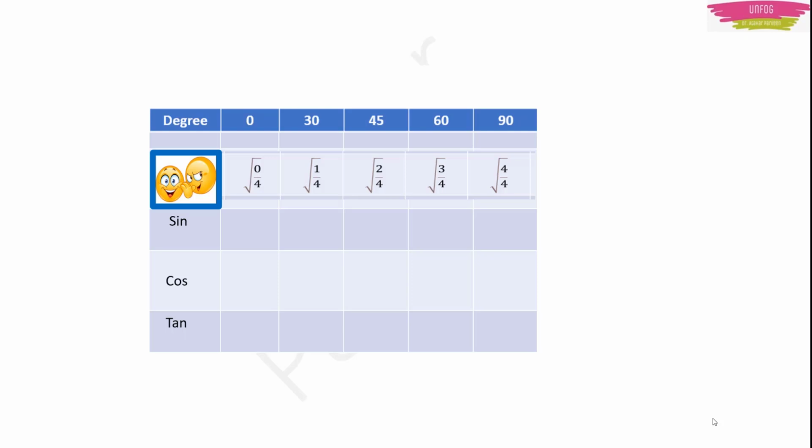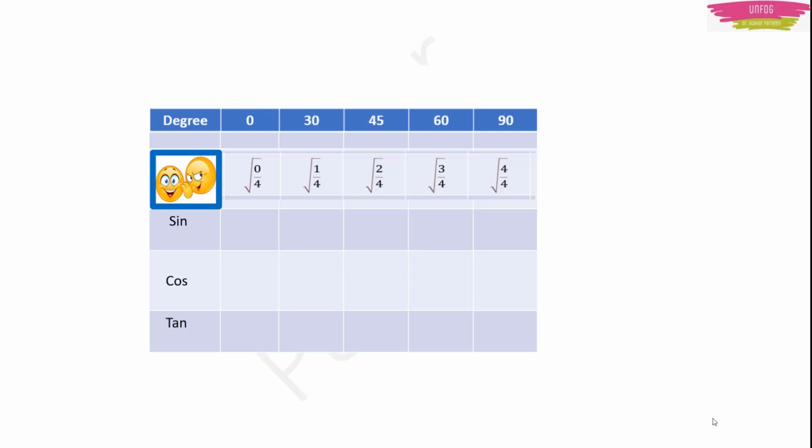It is easy, right? I will tell once again. First you write numbers 0, 1, 2, 3, 4. Then you write divided by 4 for all. Then you take square root of them.